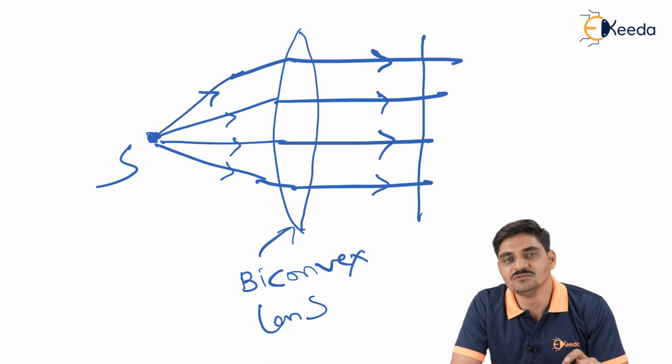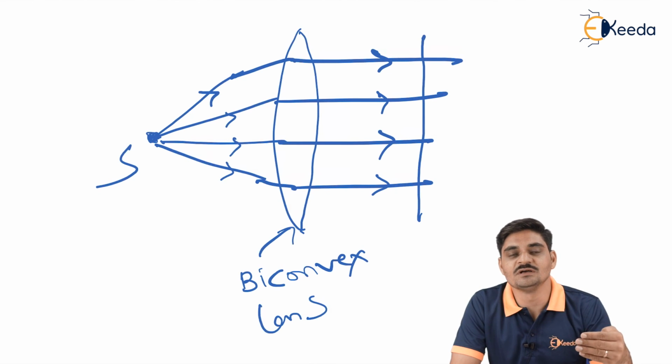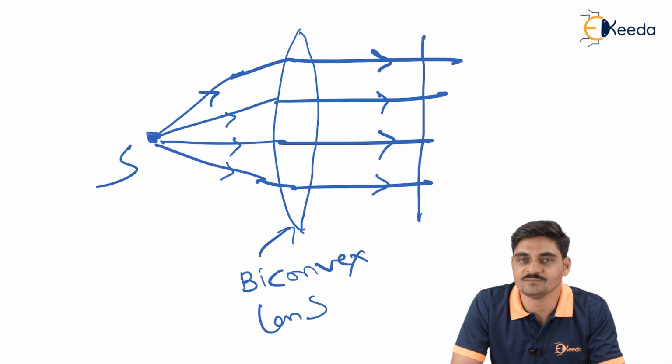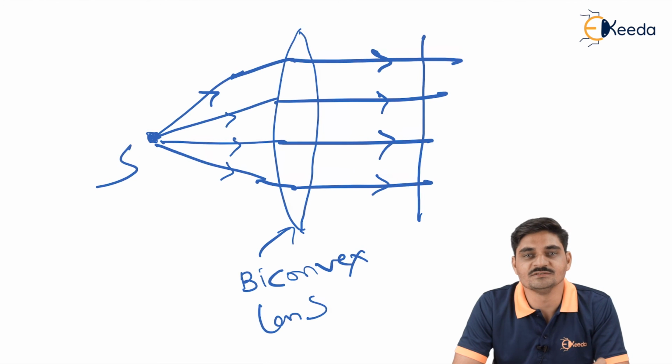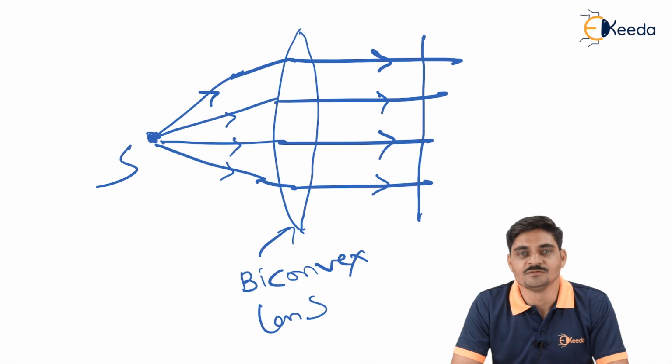And please remember, if source is at infinity, it actually means that light rays will come parallel. So anywhere you hear source is at infinity, it is indicating that light rays will be parallel to each other. Got the point? So this is all about wavefront, wave normal and its types. Thank you so much.